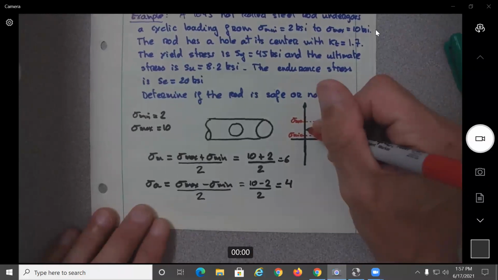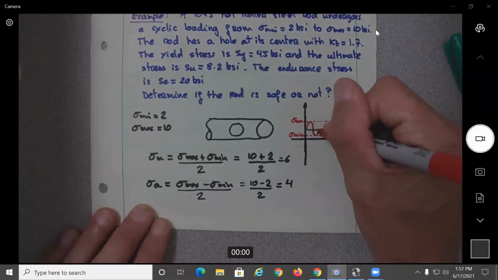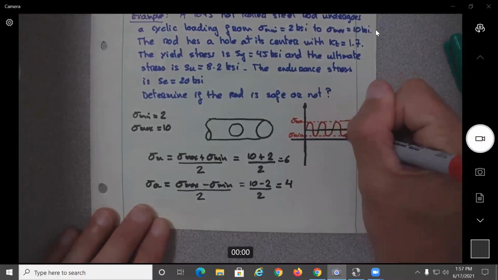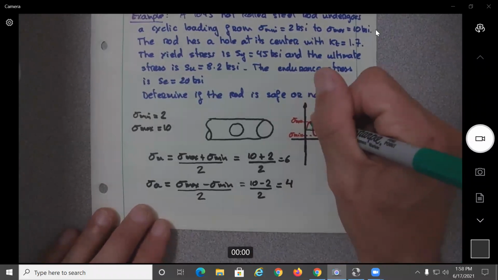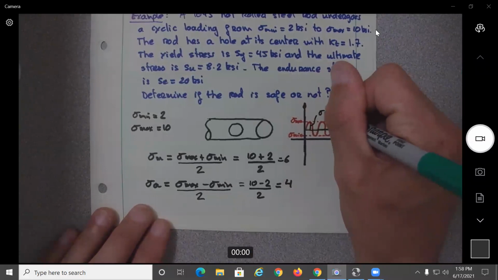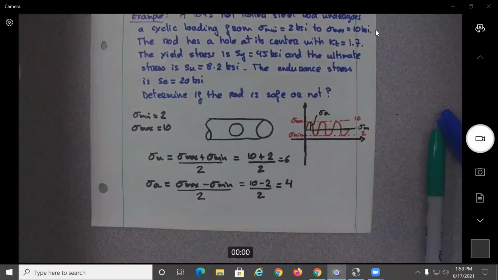It means that if we're here, this would be our stress, and the alternate would be the distance from here to here, okay?